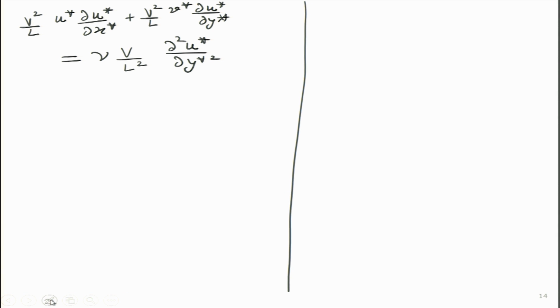So, let me do quick calculations. L will get cancelled on the left side and one L will remain over here. Then V will get cancelled on one side and one V will remain over here. So, what we will essentially get is the whole equation on the left hand side will be non-dimensionalized.